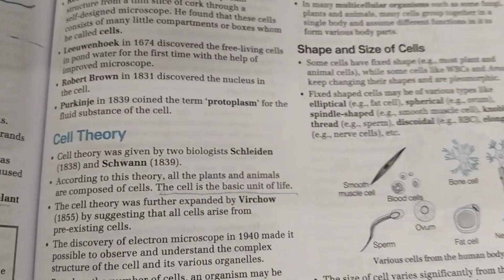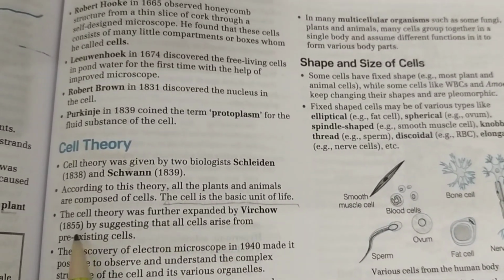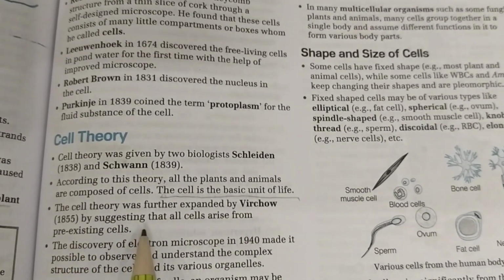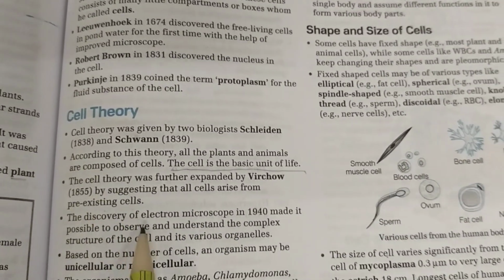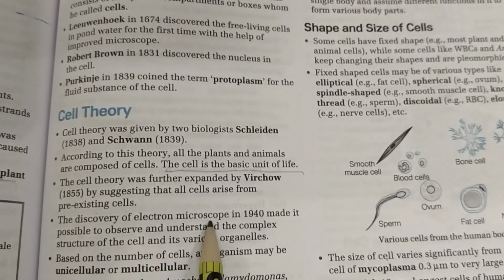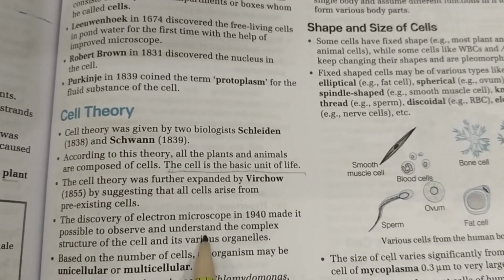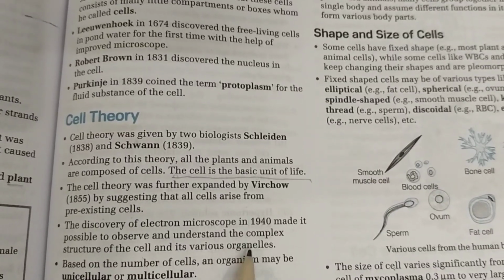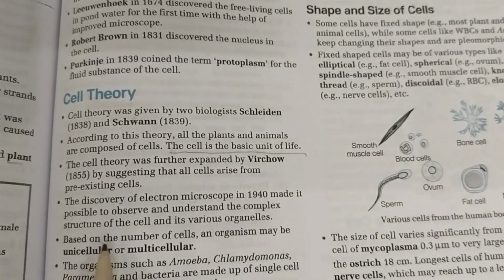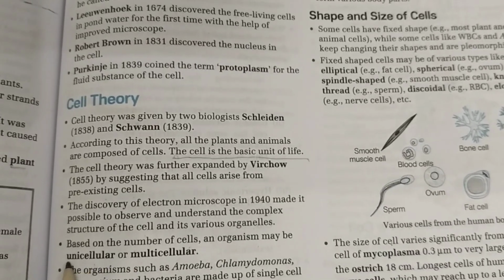It's the cell. The cell theory was further expanded by Virchow in 1855, suggesting that all cells arise from pre-existing cells. The discovery of the electron microscope in 1940 made it possible to observe and understand the complex structure of the cell and its various organelles. Based on the number of cells, an organism may be unicellular or multicellular.